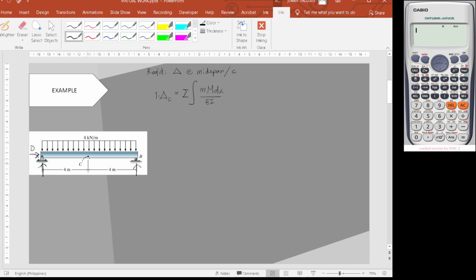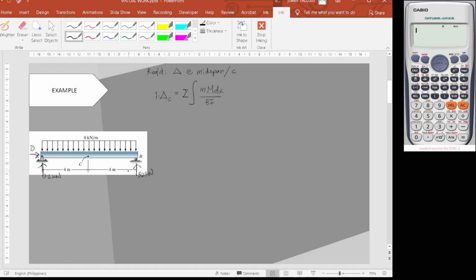This is a symmetrical beam, so the reactions at the supports will be equal. 8 times 8 will be 64, and 64 divided by 2 will be 32 kilonewton at the left side and 32 kilonewton at the right side.